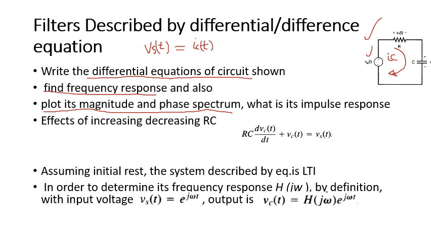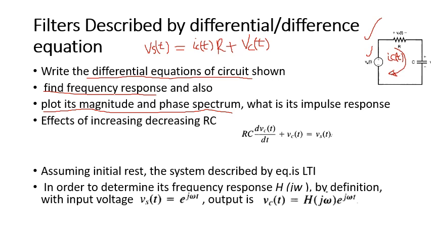Because (t) emphasizes time varying, right? So i_C(t) into R plus the voltage drop across the capacitor, v_C(t), right? So this is the equation.